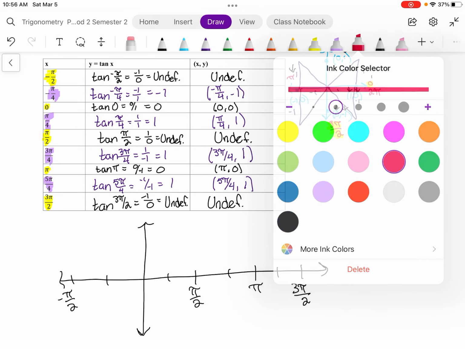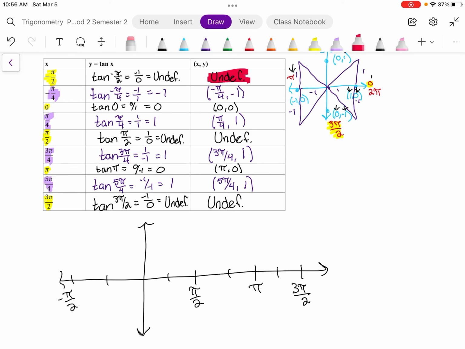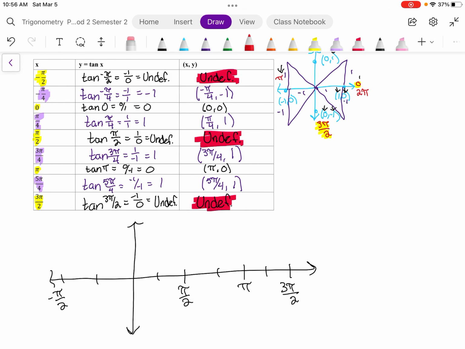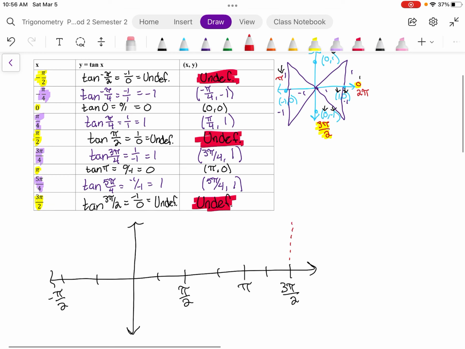The first thing that we're going to talk about is anytime we had a term that was undefined at these values, whenever tangent is undefined, there's going to be an asymptote. And an asymptote is a line that we're going to use to help guide our graph, but it's not part of the graph. So we're going to label it or draw it with a dashed line.